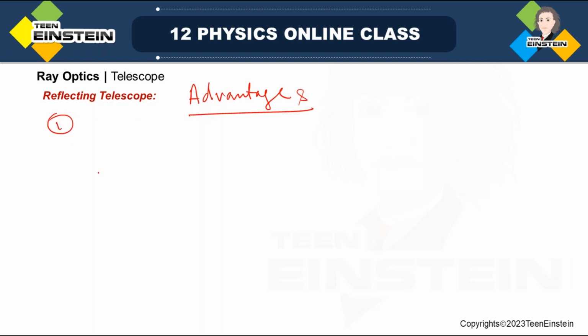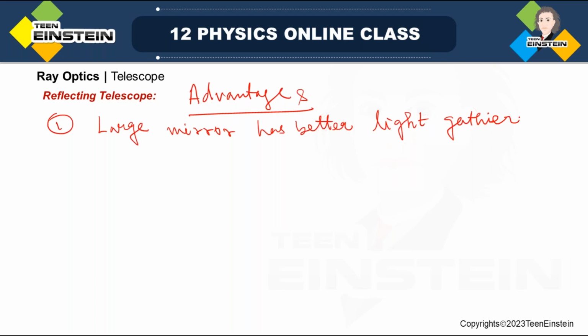First point is a large mirror. A large aperture mirror has better light gathering power.